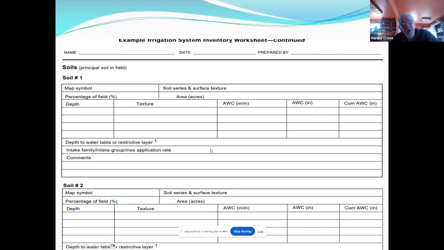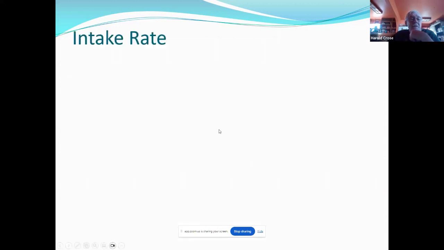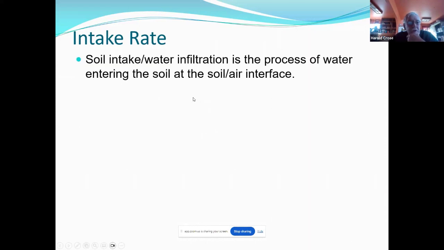And again, they're going to be composites. You can put a composite together for the field. But again, this is going to tie back at some point to how much water your irrigation system has to apply to meet that need. So in this case, what soil would we pick? I don't have time to go through a complete example of what that would be right now, but it gives you an idea of how to do that.